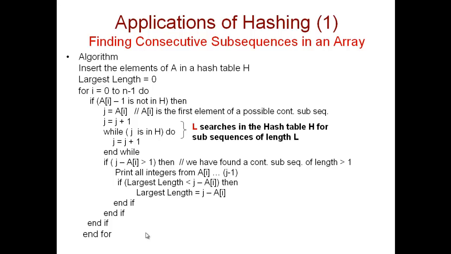Then run a for loop to go through the array again, from index 0 to n minus 1. Now as I said, a of i means the element at index i. We know it's there in the array, so we don't need to check for its existence. What we'll do is check for a of i minus 1.